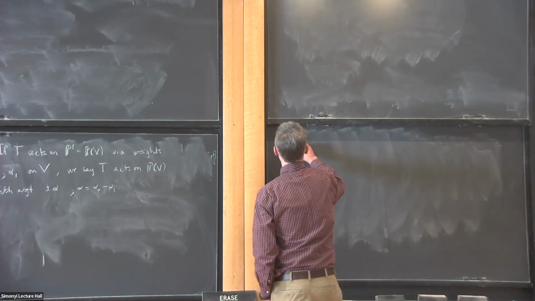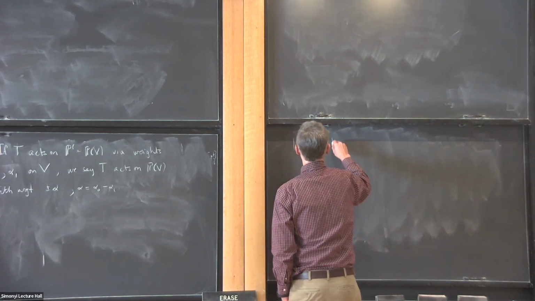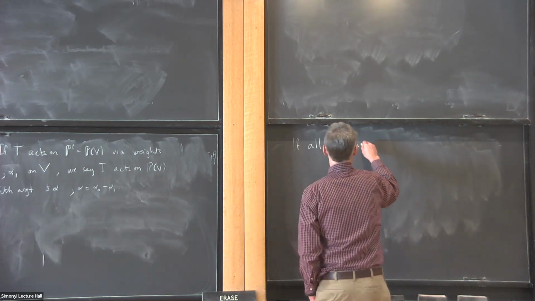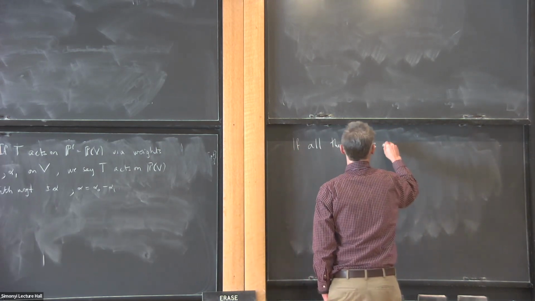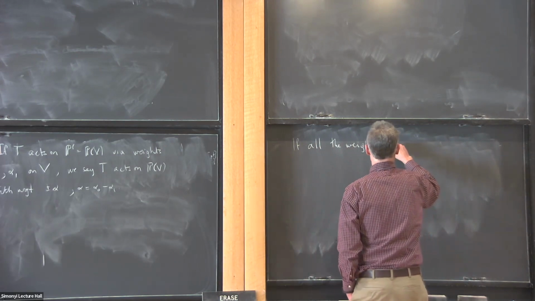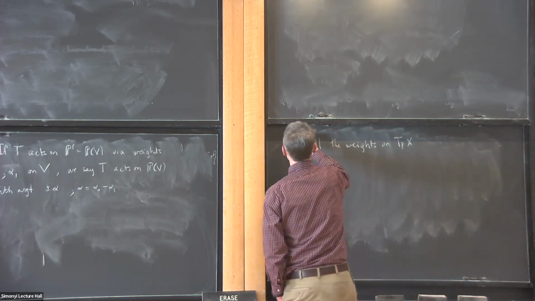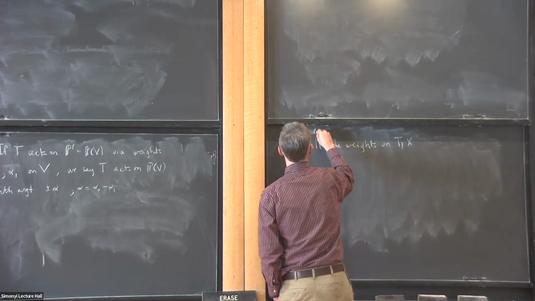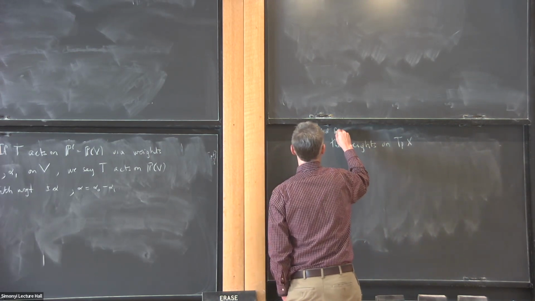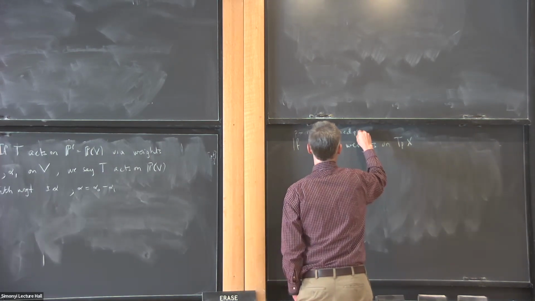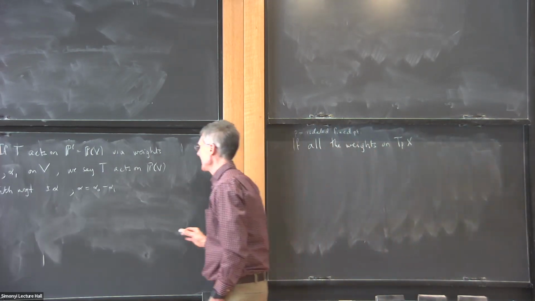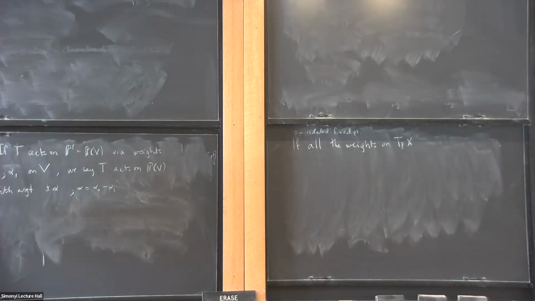Okay. So if all the weights on T_P X, say P is an isolated fixed point, and I guess I should say P^1 or A^1 if I'm looking at an open set, maybe I throw out one of the fixed points.